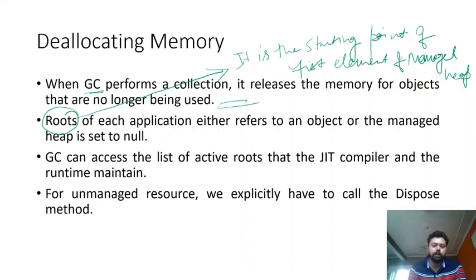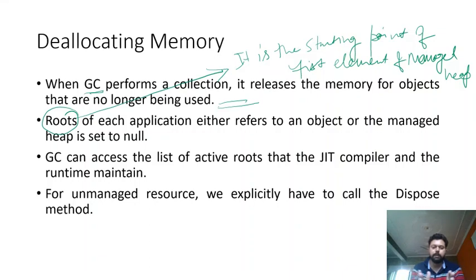Now the third point is that the garbage collector can access the list of active roots. Active roots means the elements of the managed heap that the just-in-time compiler and the runtime maintain.